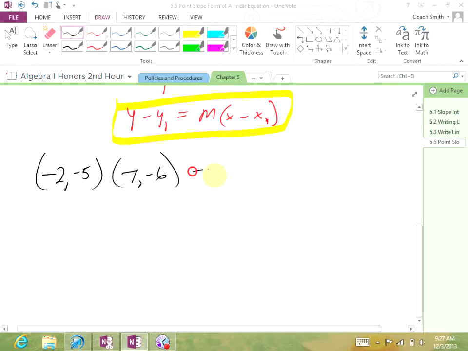The first thing we want to do is find the slope. Just like last night, you're going to find the slope very first thing. We'll let these equal x1, y1, x2, y2.